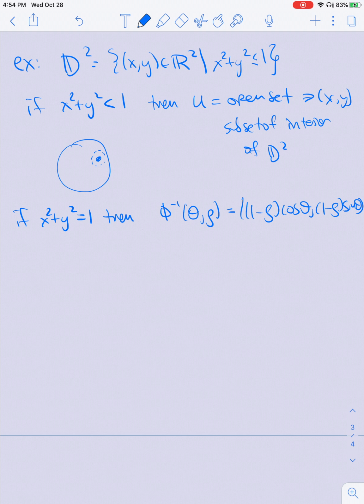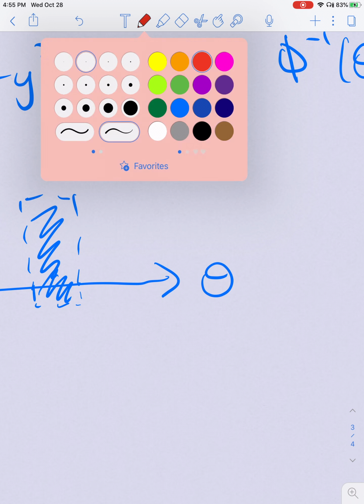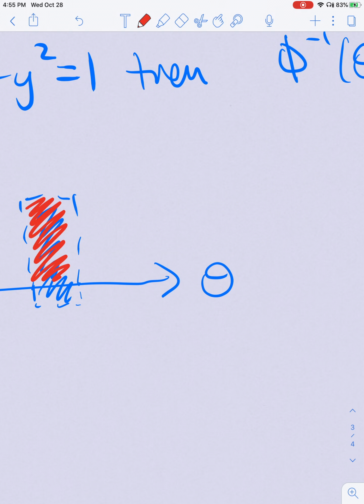In this case, if I take the theta rho coordinate and look at maybe this box here, this is the image of some set V intersect the upper half space. The set V will be in blue and the set V intersect the upper half space is in red.